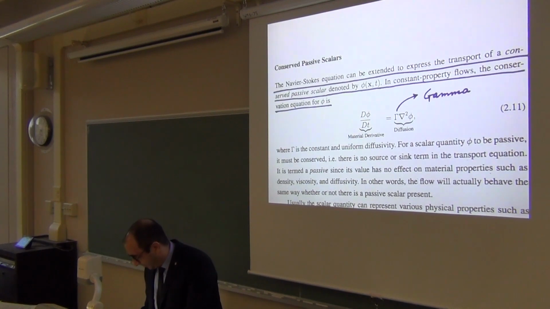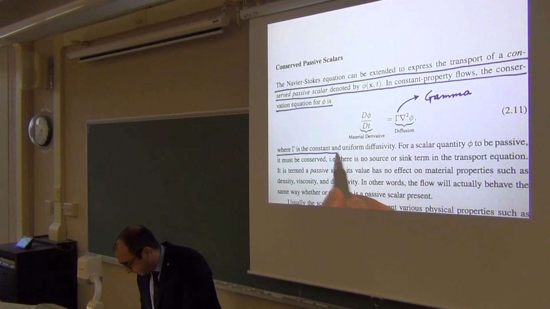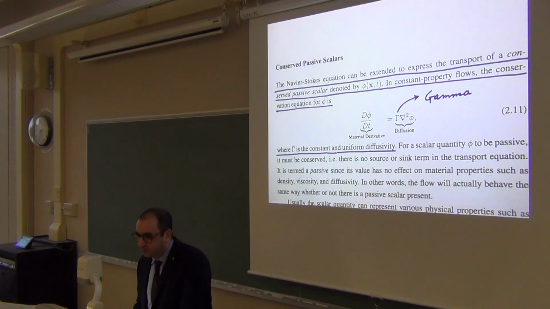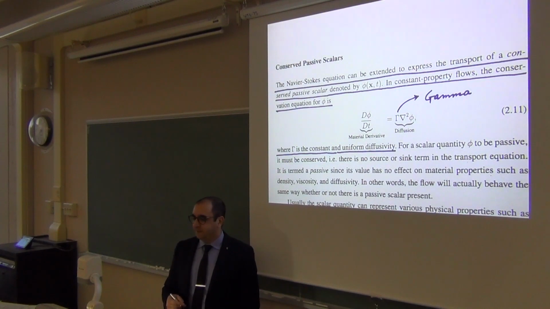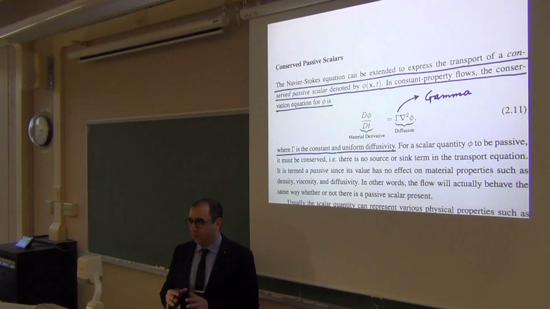So gamma, the Greek symbol gamma, is known as a constant, and it's basically uniform diffusivity. Diffusivity, some constant that determines how fast or strong something diffuses in space.